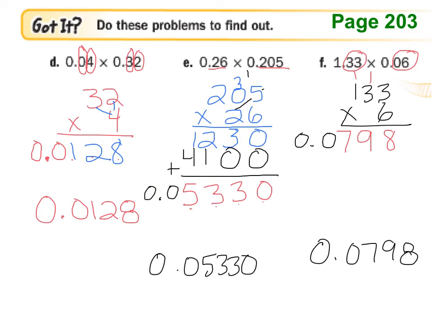On problem F, I took 133 times 6 and got 798. Counted my decimal places. I needed 1, 2, 3, 4, but I only had 3 digits, so I annexed a 0, or added it, put the decimal and a 0 in front, so we got 798 10,000ths.